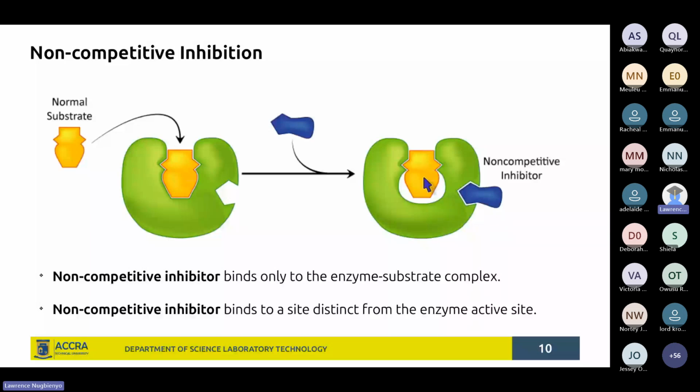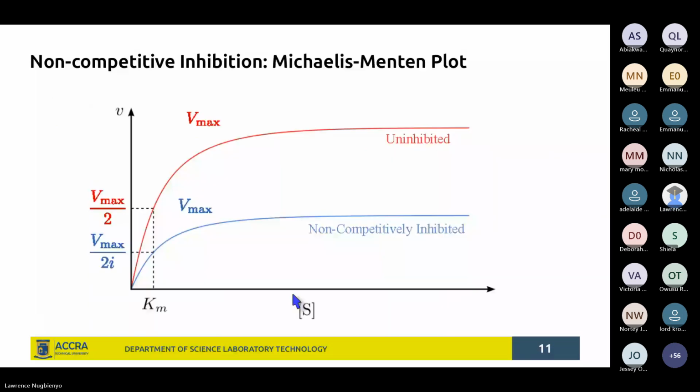All right, now how is this going to look by the Michaelis-Menten plot? Now here again, we're looking at the Michaelis-Menten plot where the red curve represents the uninhibited reaction and the blue curve represents the inhibited reaction.